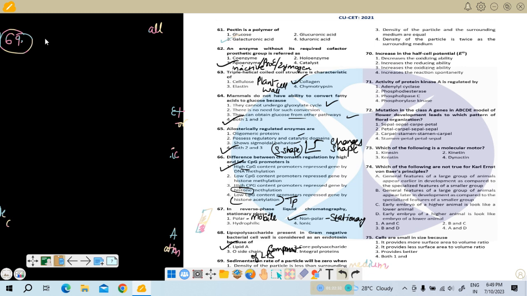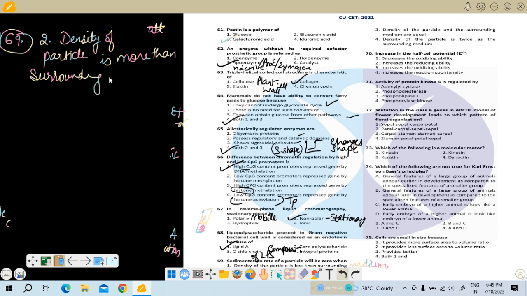Second option is density of the particle is more than the surrounding medium. Third is density of particle and surrounding medium are equal. Fourth is density of particle is twice the surrounding medium. So it's 0 when they are equal.